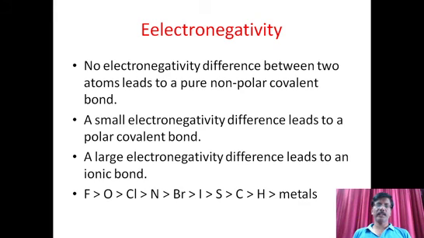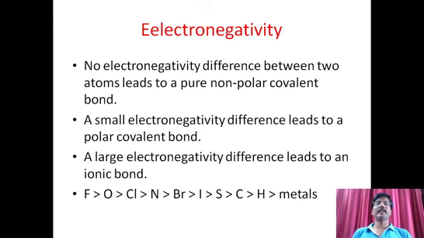We have already been discussing that bond polarization is mainly due to one factor, electronegativity. Of course, there are many other factors, but the most important factor is electronegativity. Already I told you that electronegativity is the tendency of any atom to attract electron pairs.